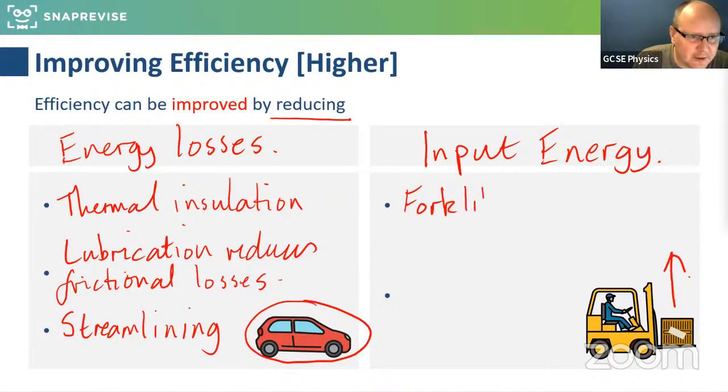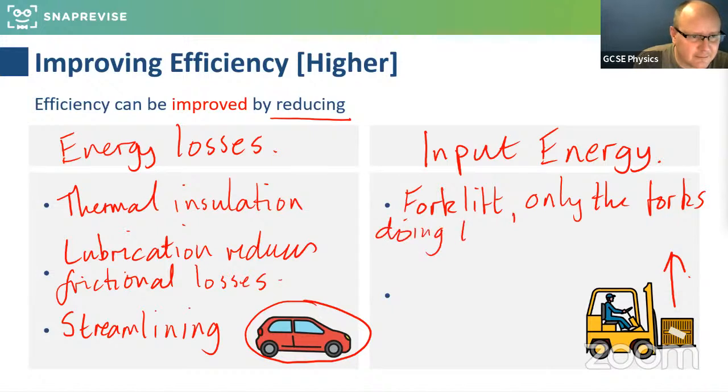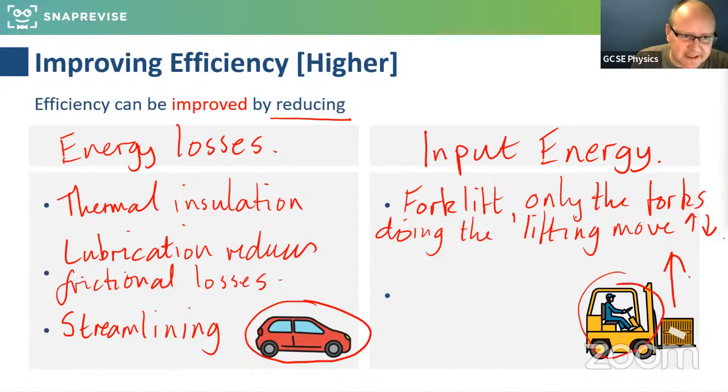In the forklift, only the forks doing the lifting move up and down. So most of the weight of the forklift is staying put. So you're not putting energy into that system to move or raise most of the weight of the forklift itself.